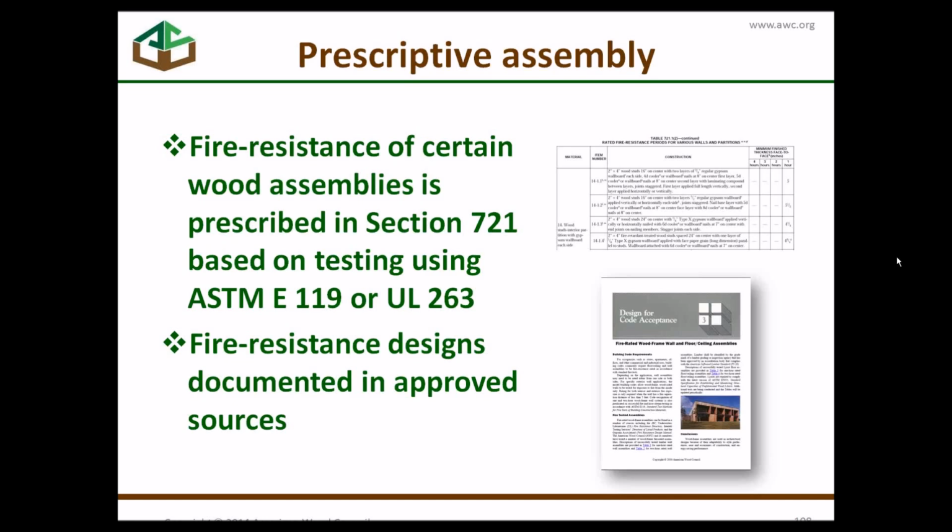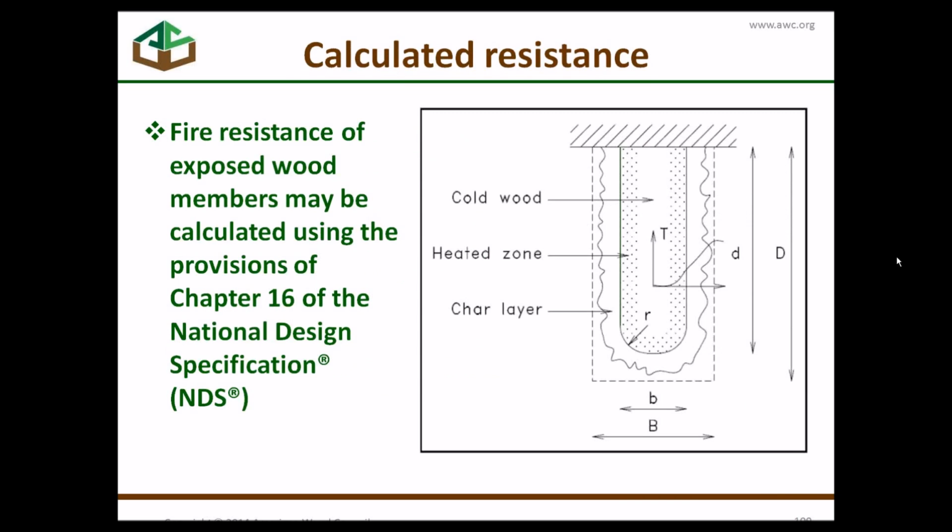And also in section 703.3 on alternative methods for establishing fire resistance ratings, you have one of those options that says fire resistance designs documented in approved sources. By the way, I'll add a little caveat here.